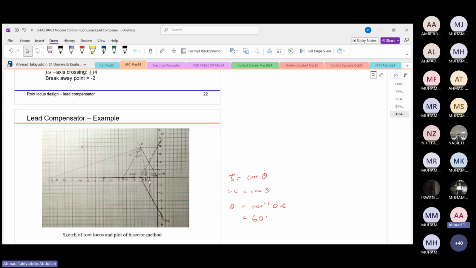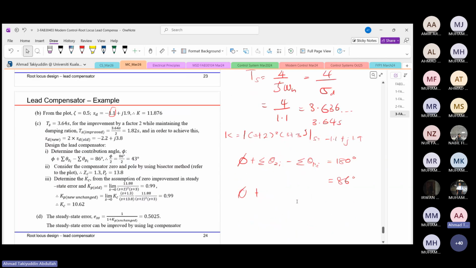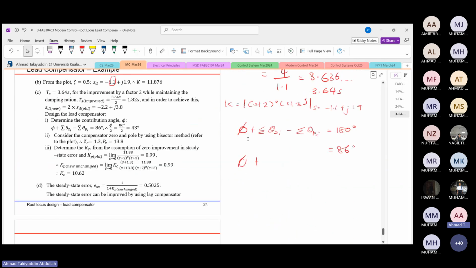Is there going to be any value? Since I'm going to consider this phi equal to the summation of zeros angle, is there going to be any value of zero angle that I'm going to have?